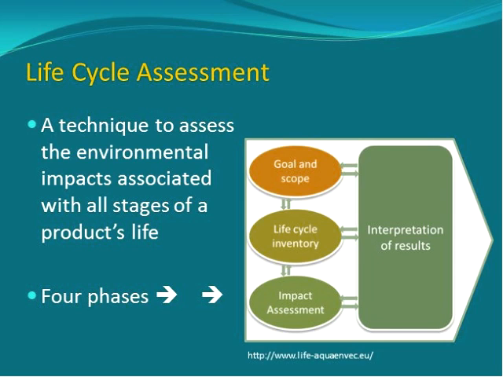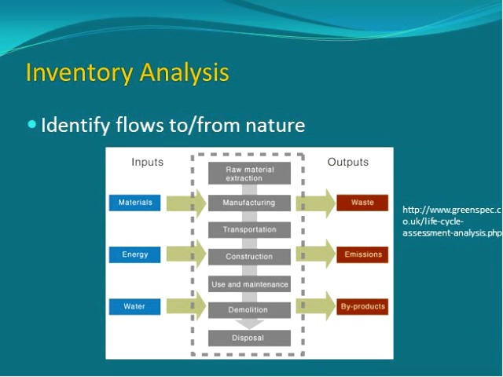So let's say you work for a dairy association and you want to know the life cycle of cheese. So cheese is your unit, and you're going to set the boundary of the life cycle accordingly. So what are the inputs that go into cheese production, and what are the outputs? The next phase is a life cycle inventory. And this is where you are identifying the flows to and from nature.